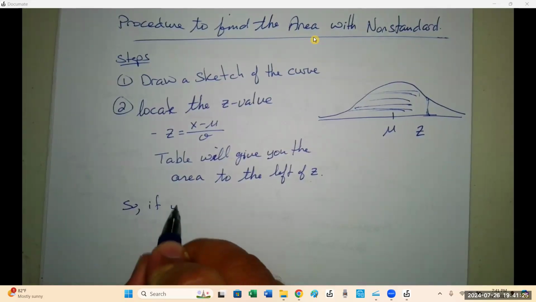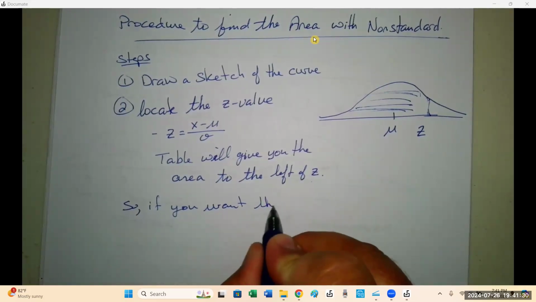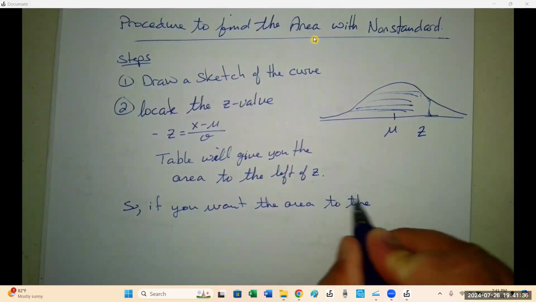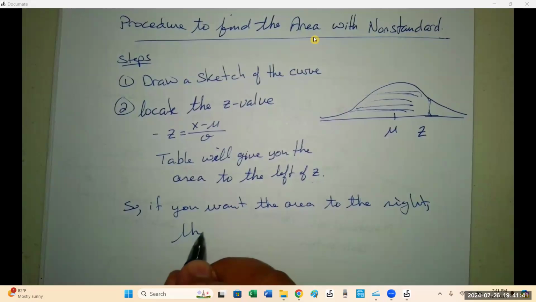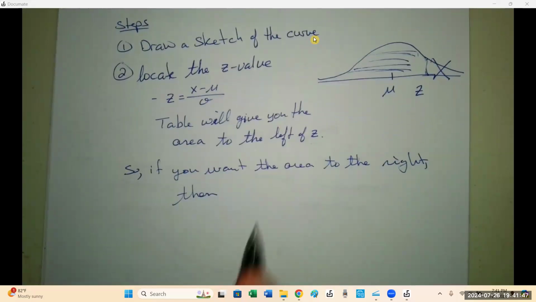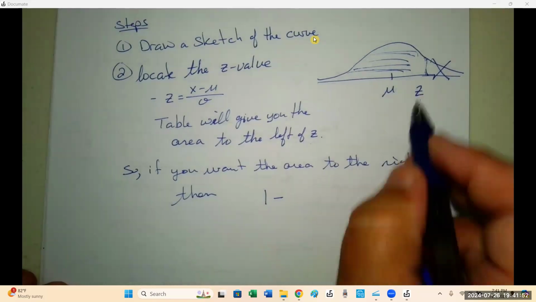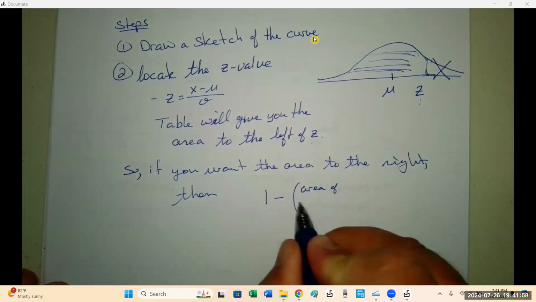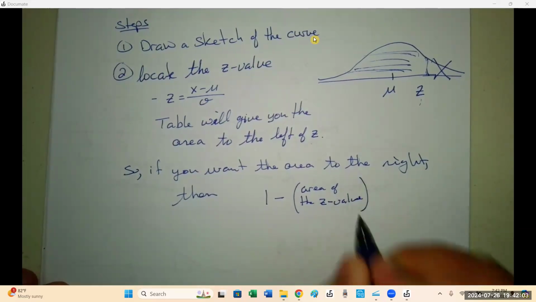So if you want the area to the right, then subtract the area of the z value, which is to the left, from 1.